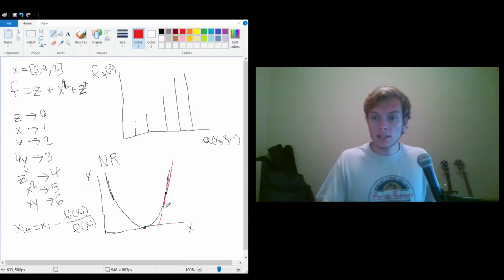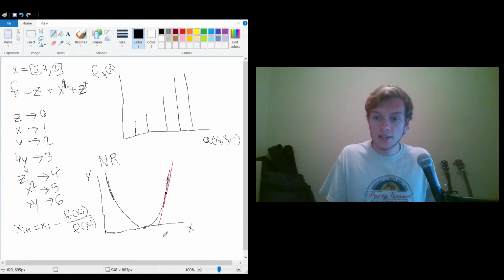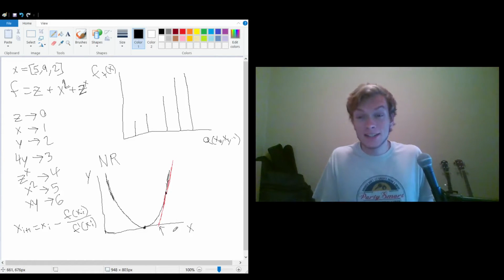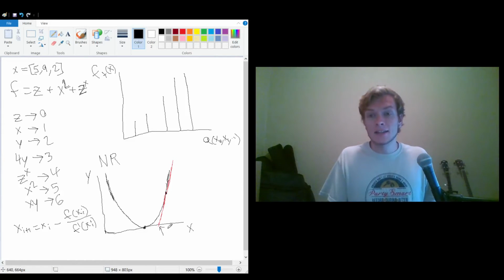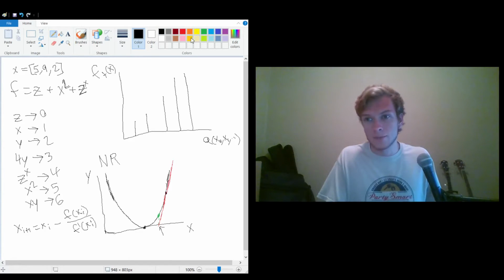It looks at the slope, and then finds where that tangent line hits the x-axis. Where that tangent line hits the x-axis, it then picks that x as the new guess. So this would go up to the line. This is our second guess. Now this is a much steeper slope. I'm just going to get orange because we're getting a little closer.